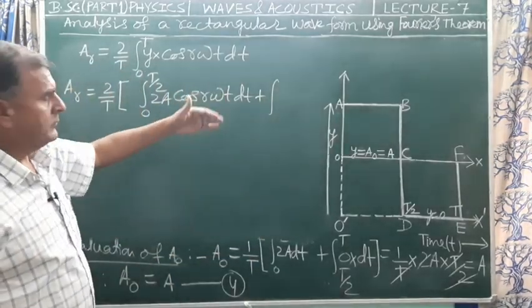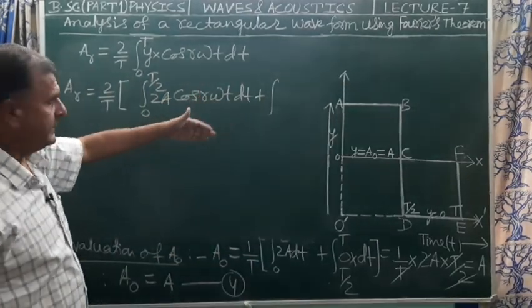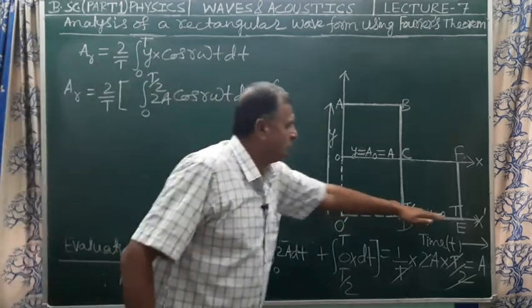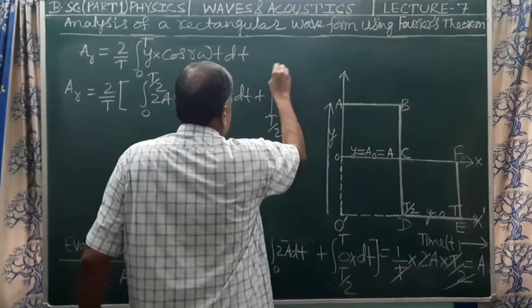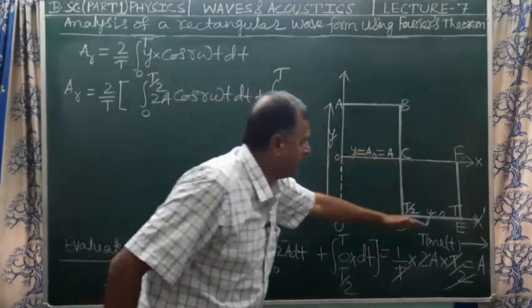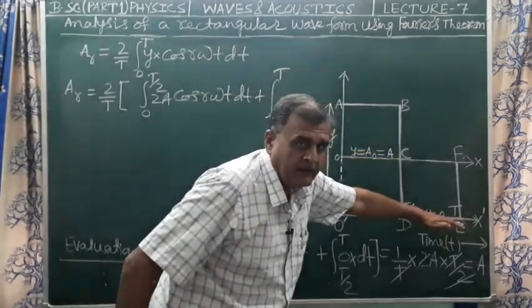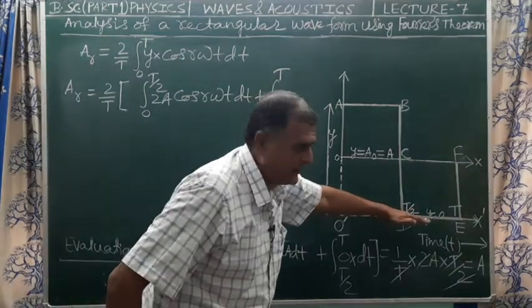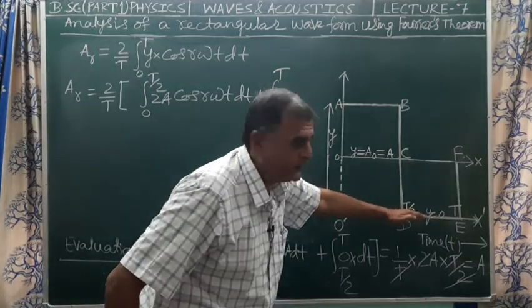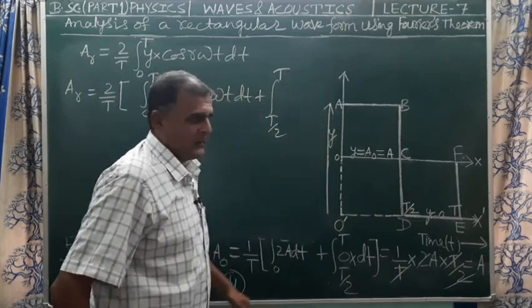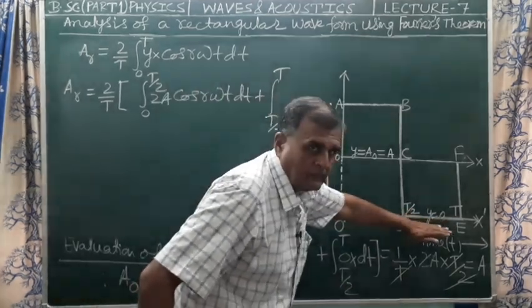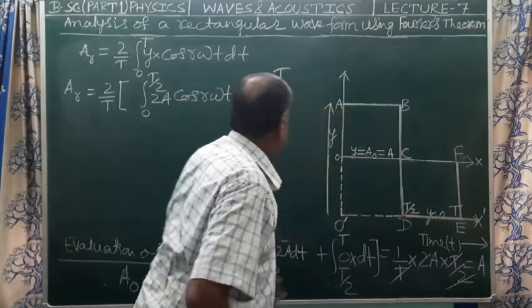The second part of the integral is from T by 2 to capital T, where the displacement is 0. That is portion D, the lowest part of the rectangular waveform, where displacement is 0 because it is along the time axis.